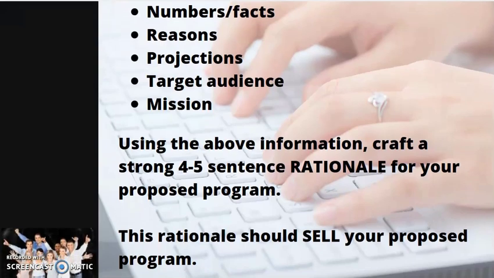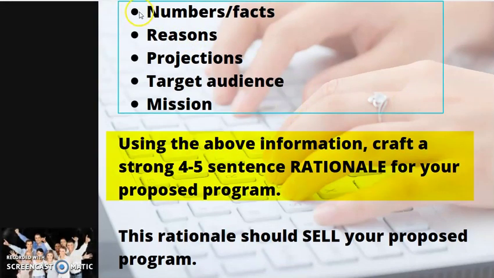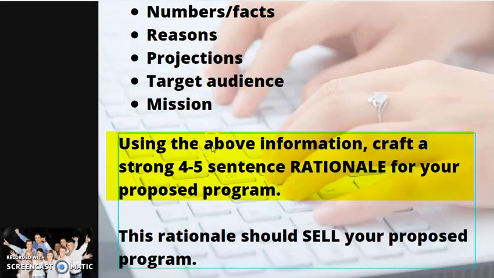As you're doing this, what you'll be required to do is to use each of these: the numbers, reasons, projections, description of your target audience, and the mission, and then craft a 4 to 5 sentence rationale for your proposed program. This rationale should sell your proposed program.